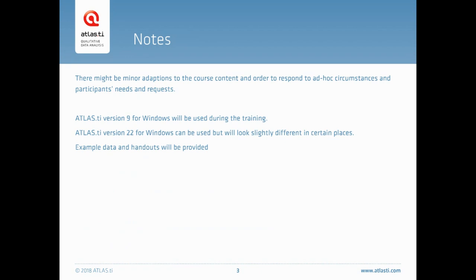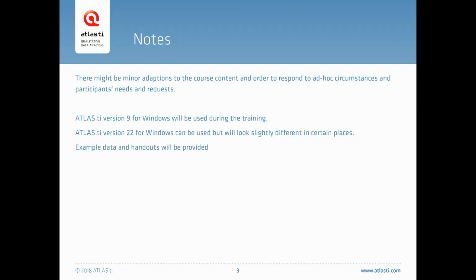There is a new Atlas.ti version 22 for Windows. If you don't have access to version 9 for any reason, so if you really can't install it on your computer, I've also sent you the link to the trial version of Atlas.ti 22. So alternatively, you would be able to use that because there is a lot of similarity.